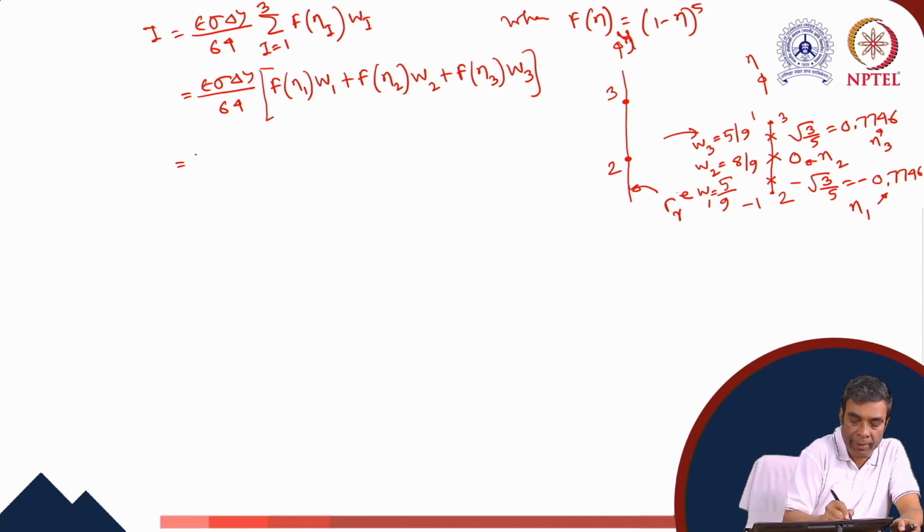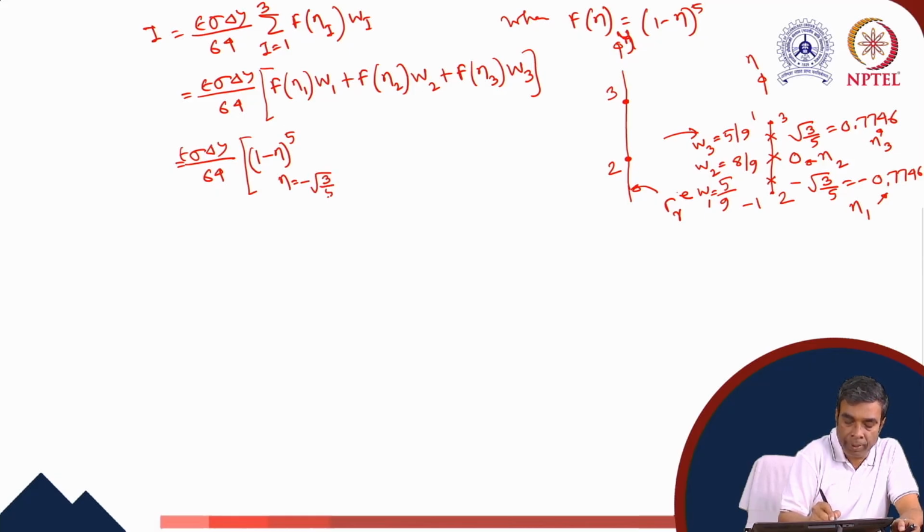This we can simplify as epsilon sigma delta y divided by 64 times: f of eta 1, where f of eta was (1 minus eta) to the power 5 at eta equals minus square root of 3 by 5, into w1, which is 5 by 9; plus f of eta 2, which is (1 minus eta) to the power 5 at eta equals 0, into 8 by 9.